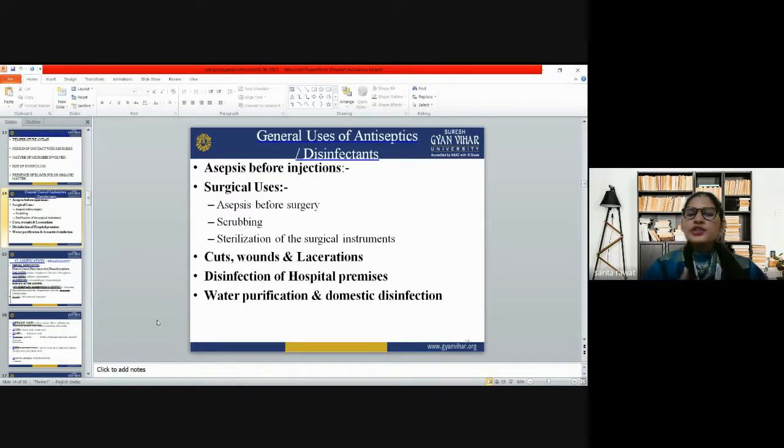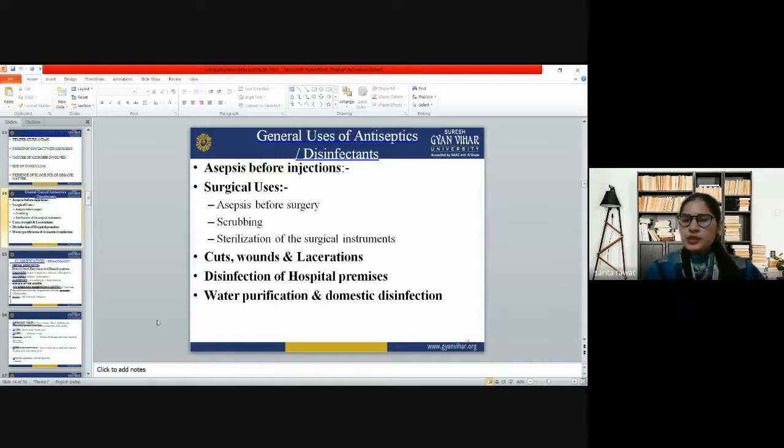Now, what are the general uses of antiseptics and disinfectants? So, asepsis before injections, it can be used to protect from sepsis. Whenever any person is going to be injected with something, most commonly we use it before injections to prevent sepsis.